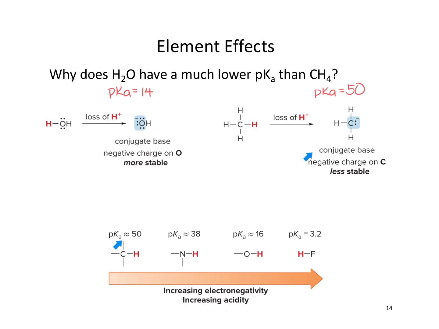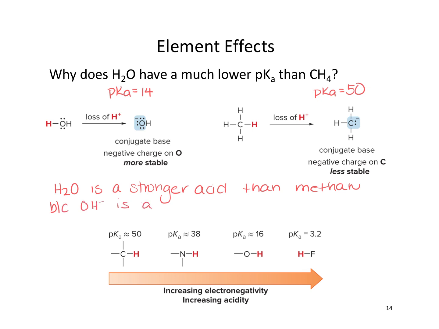And so what we find then is that H2O is a stronger acid than methane because OH minus is a more stable conjugate base than CH3 minus, okay?